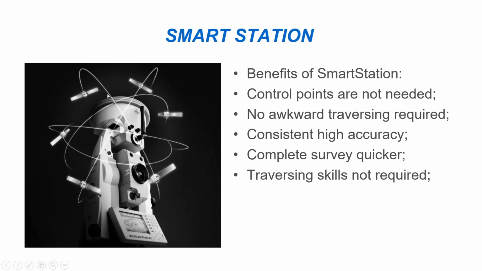The smart station is a combination of a satellite receiver and a total station. Nowadays, they have manufactured a kind of smart station 4-in-1: GPS receiver, total station, laser scanner, and photogrammetric station.